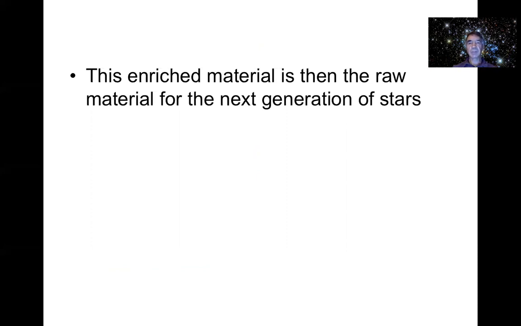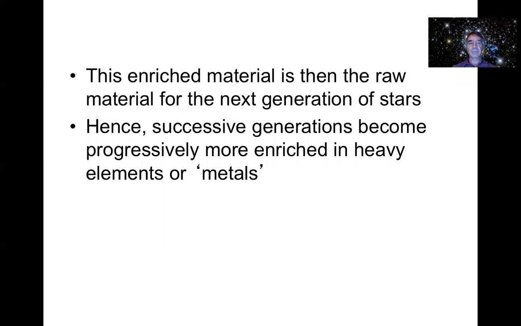These clouds in between the stars are forming a new generation of stars. You get stellar nucleosynthesis going, and then at the end of that generation of stars, that material is returned and it's even more enriched in heavier elements than when it went in. So get this idea in your head of successive generations of stars that become progressively more enriched in the heavy elements.